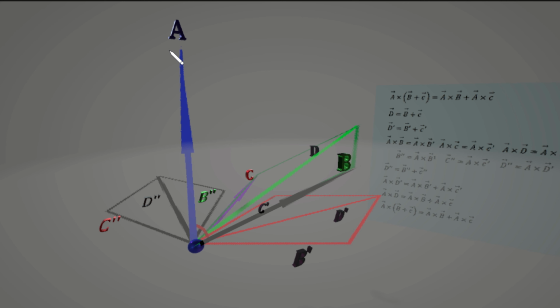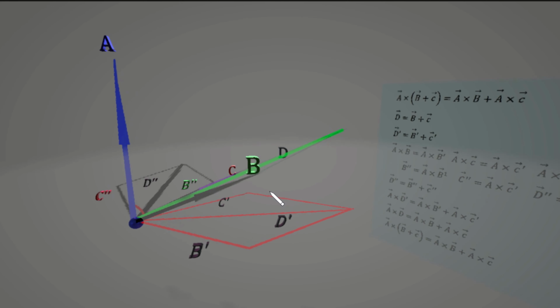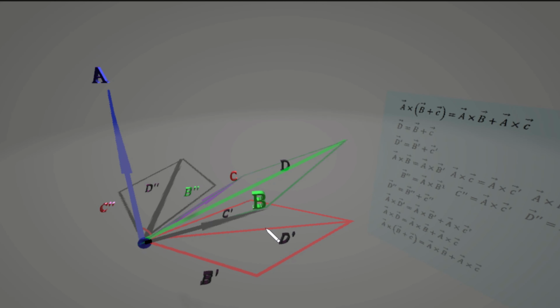This is the A bar vector. Its perpendicular plane is this one. On this plane, we take the components of B, D, C, and get B prime, D prime, C prime. Here B prime is the component of B, D prime is the component of D, C prime is the component of C.